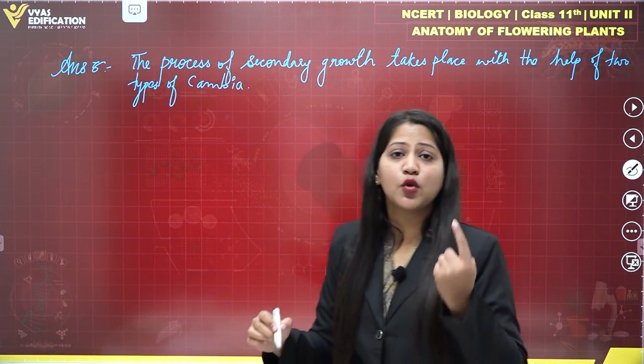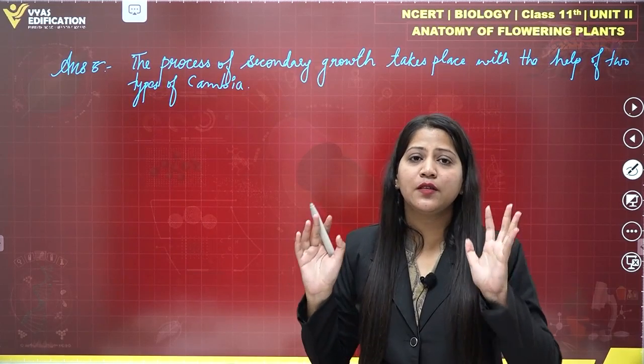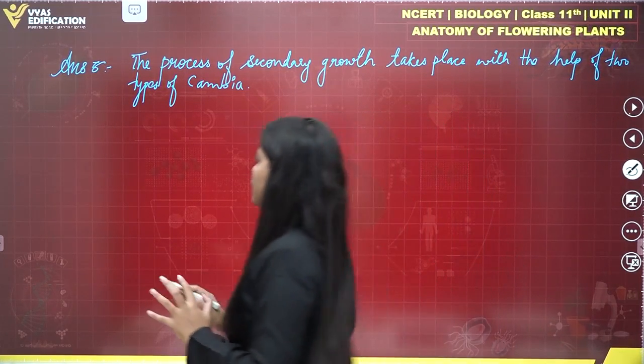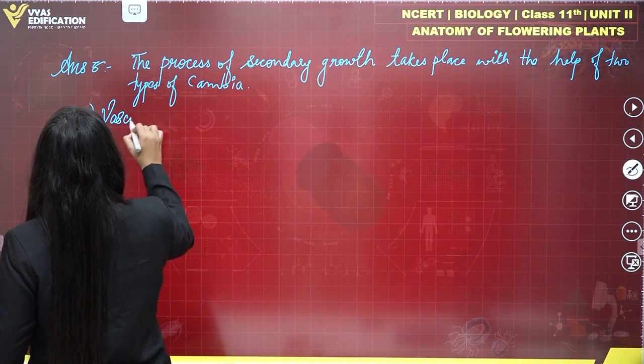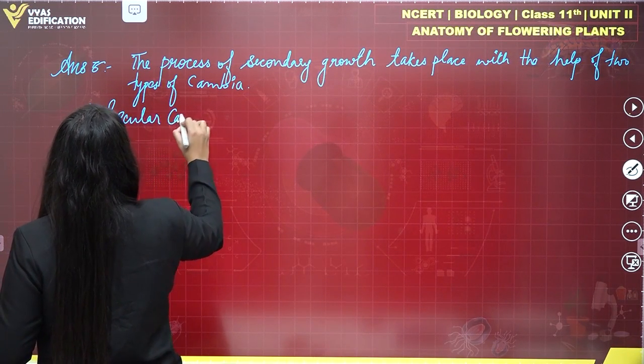The one we have is cork cambium and the second one is vascular cambium. So first of all, let's write vascular cambium. First we are going to write vascular cambium.